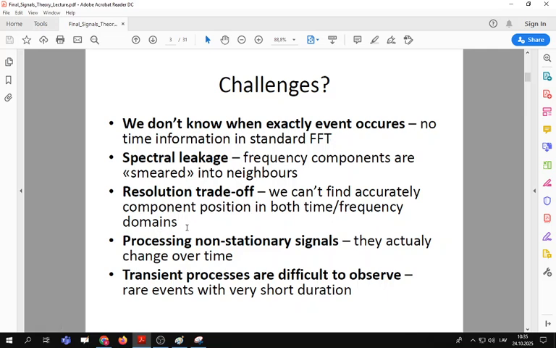Non-stationary signals. In probability theory, we will have one of the practical exercises to run some tests on data to determine whether it is stationary or not.